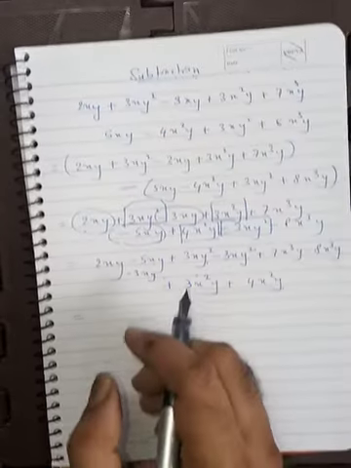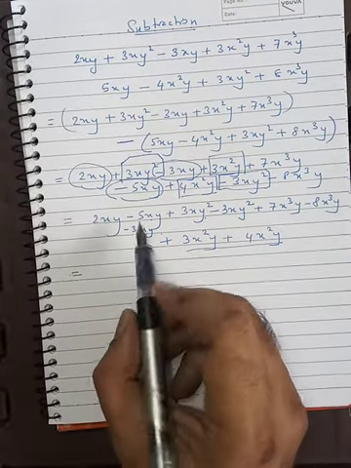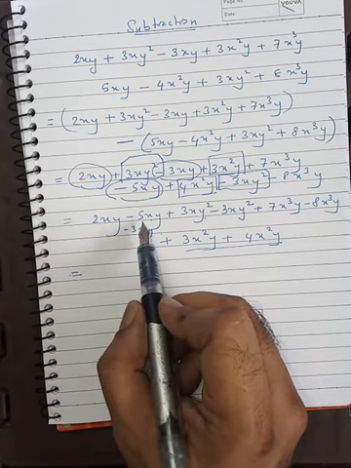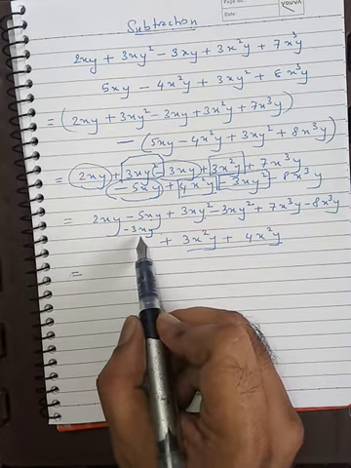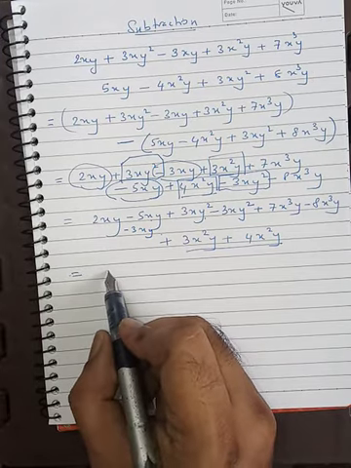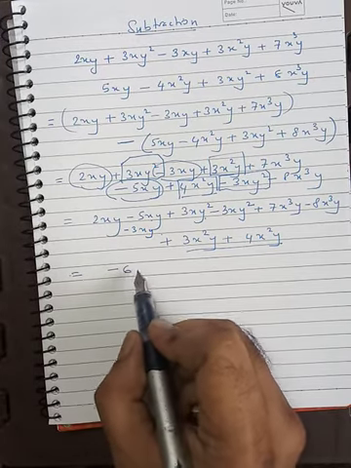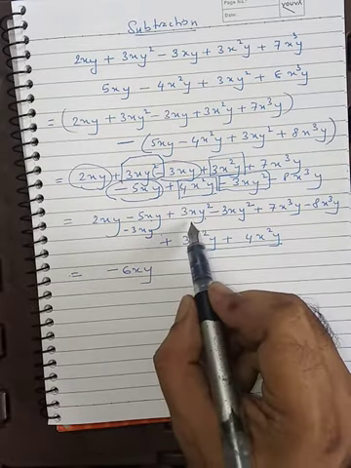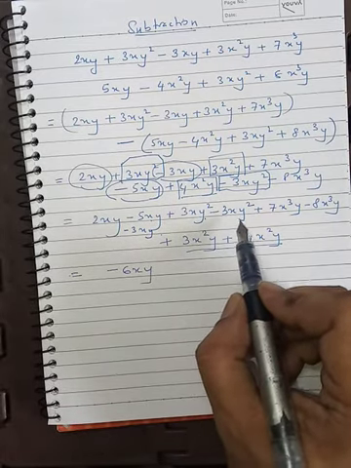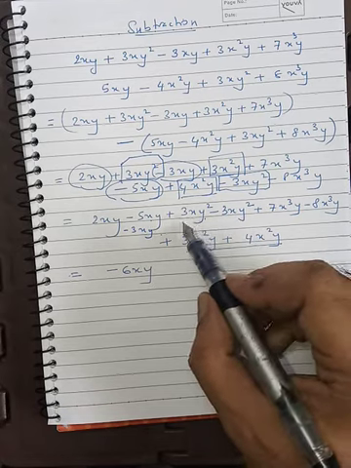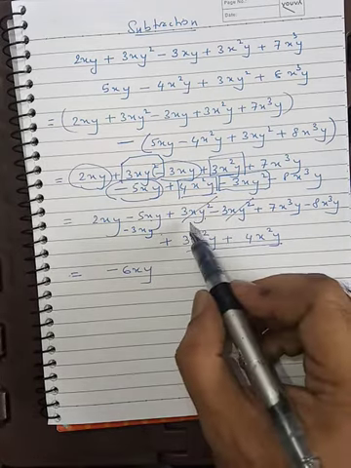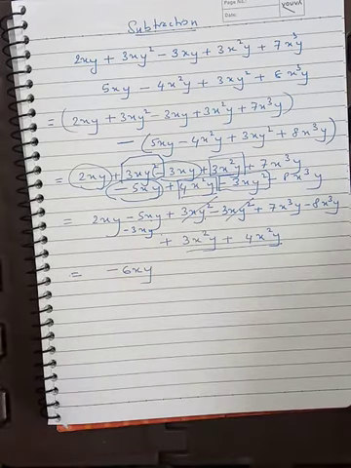Okay, let's see. 2xy minus 5xy will give me minus 3xy. Minus 3xy minus 3xy will give me minus 6xy. Okay, 3xy square minus 3xy square, 0, because minus 1 plus 1, 0.